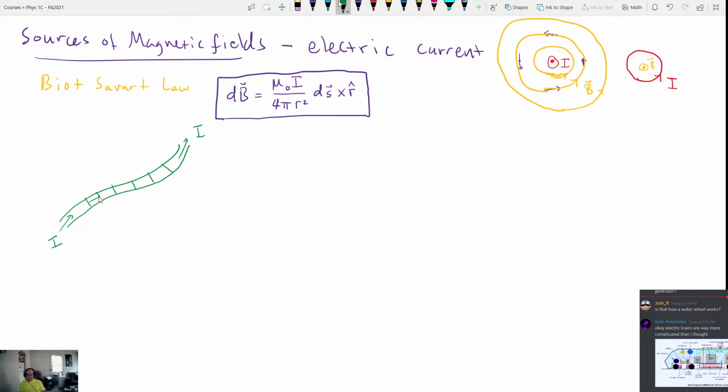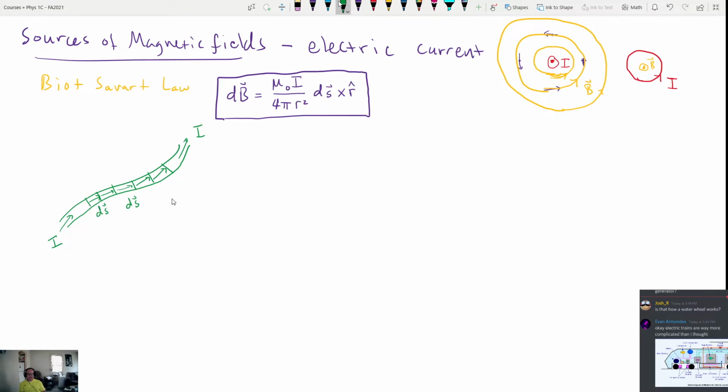So ds here may point like this, or like this, or like that, or back up this way. So those are all of my ds vectors. We can break up this wire into little pieces that we call ds.